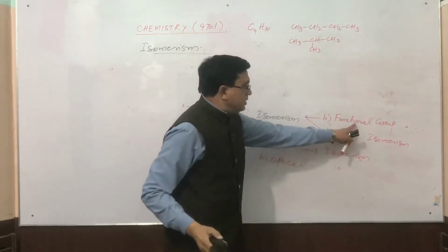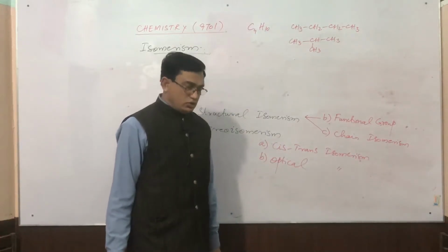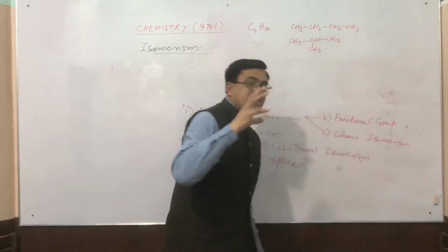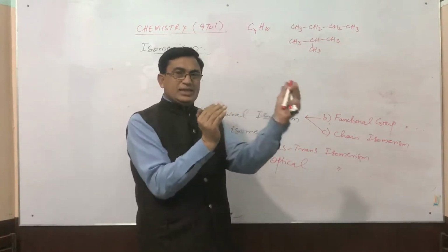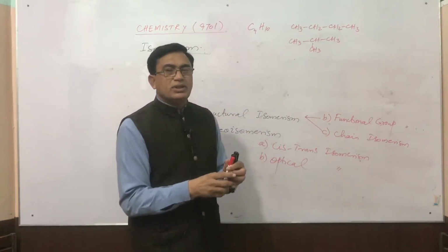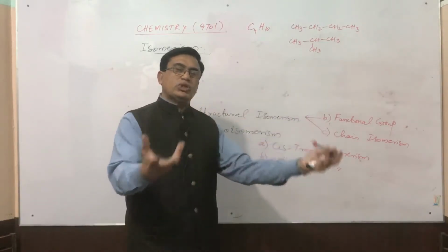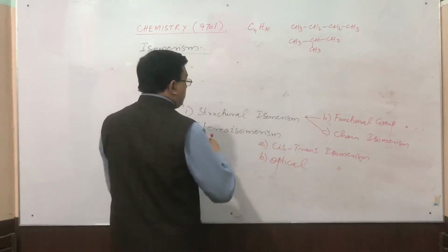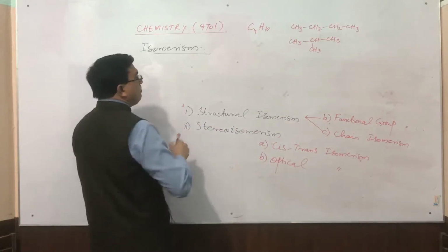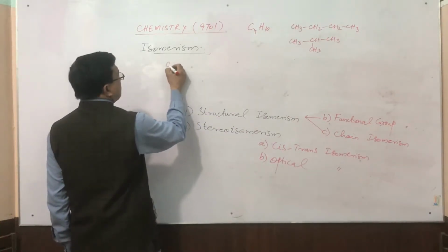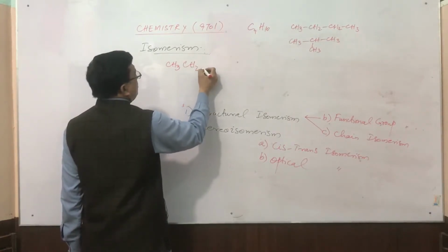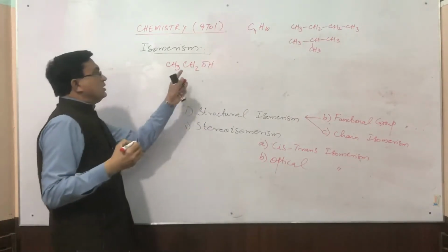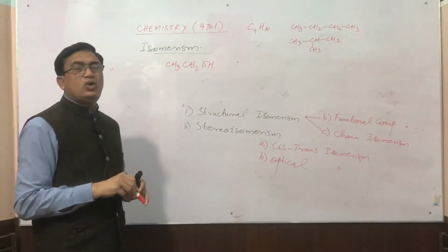Next is the second type, functional group isomerism. This is the type of isomerism in which, by replacing some of the atoms, the functional group is totally changed. First example: CH3CH2OH.